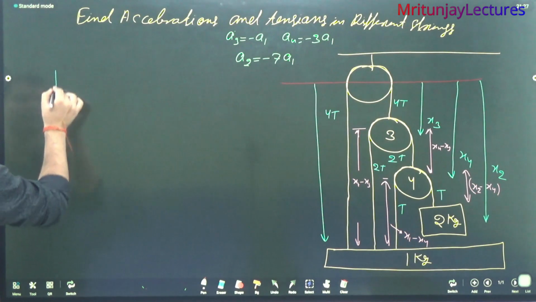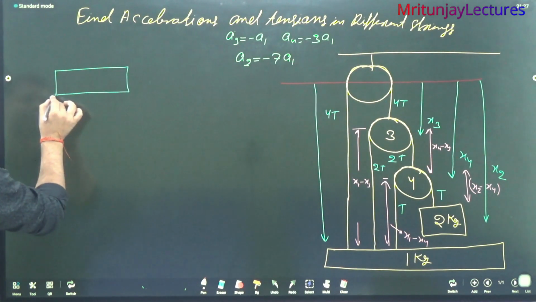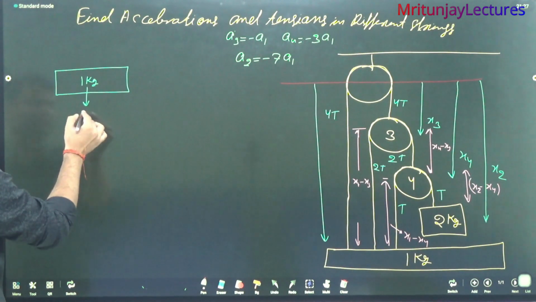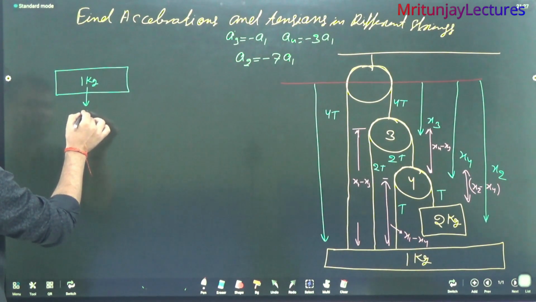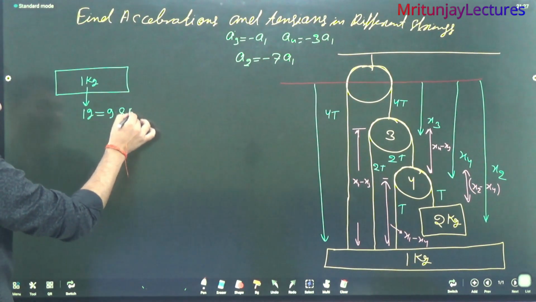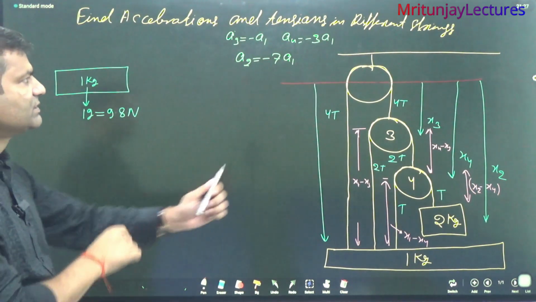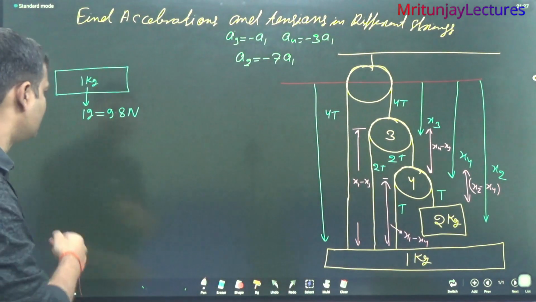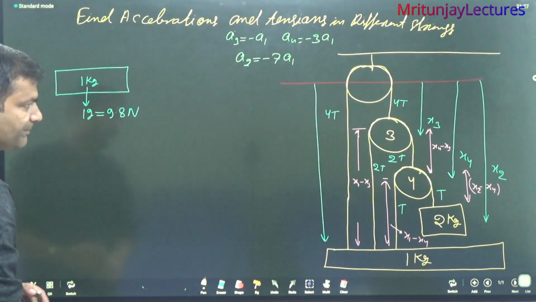If you draw the free body diagram of the 1 kg mass, here 1 into G, written as 9.8 Newton, if you consider G equal to 9.8. Okay.